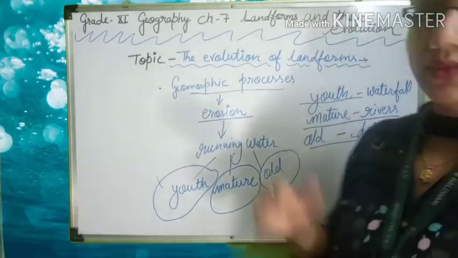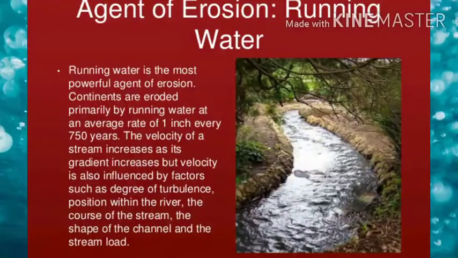So let's see what these are. So students, as I told you, the main agent of the geomorphic process due to which landforms occur is erosion, and the main important part of erosion is running water, which is known as the river. And students, the river has three stages, that is youth, mature and old.